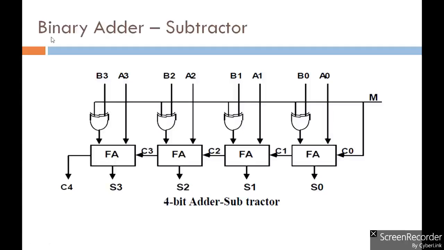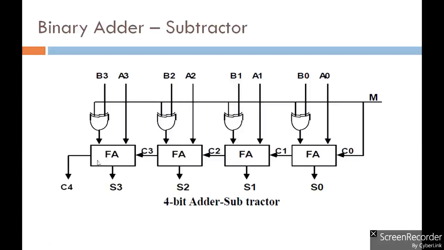Now let's see our next objective, that is the binary adder-subtractor. From this figure you can see that there is a small change between the binary adder and the binary adder-subtractor circuit.